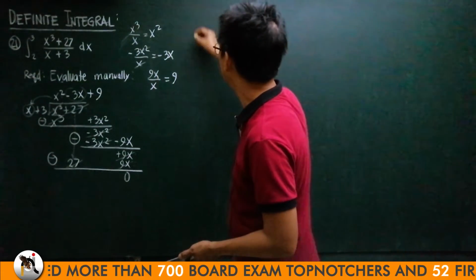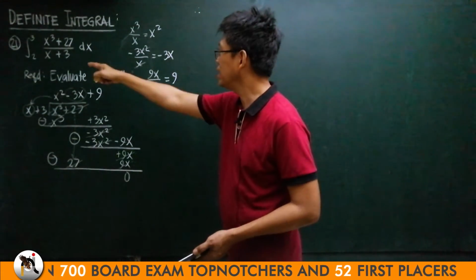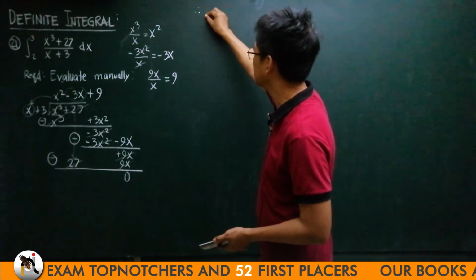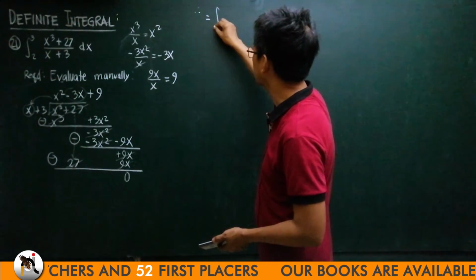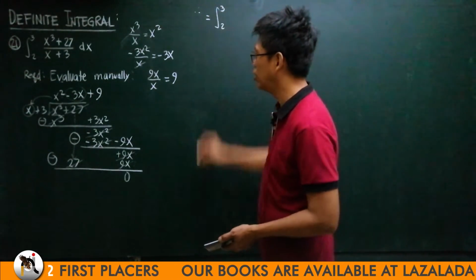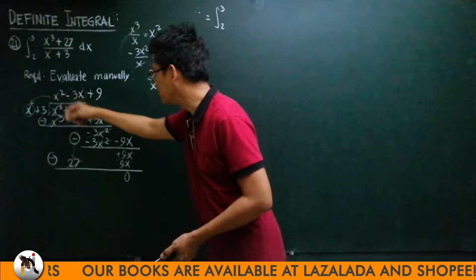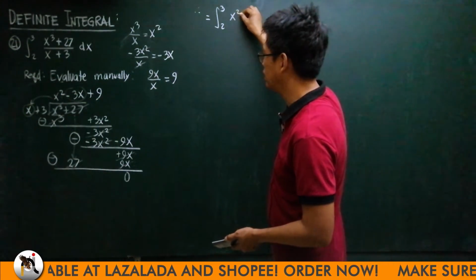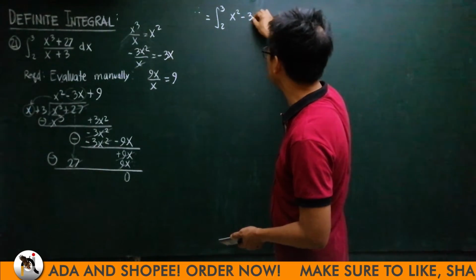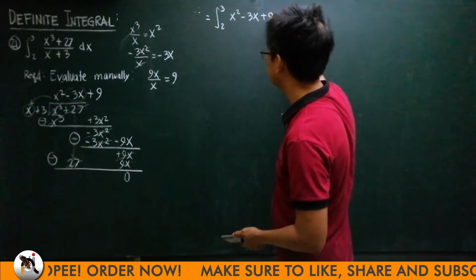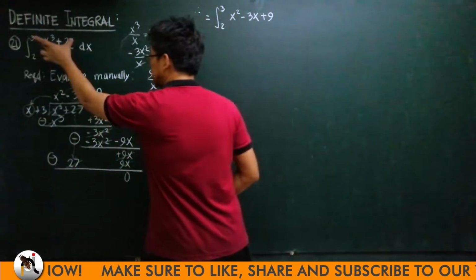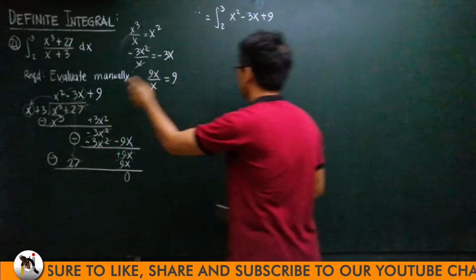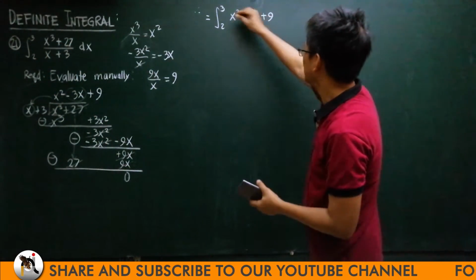So therefore, our integral will be the same as the integral from 2 to 3 of the answer, x squared minus 3x plus 9, dx. So this divided by this is the same as this one.